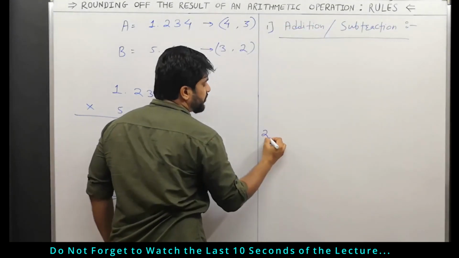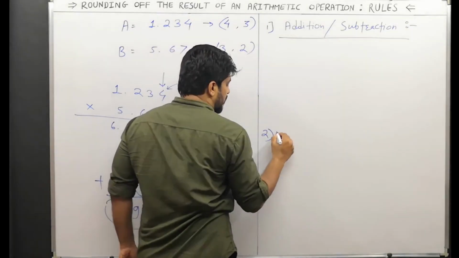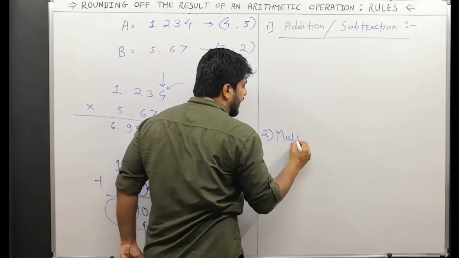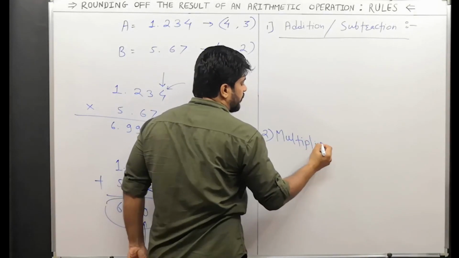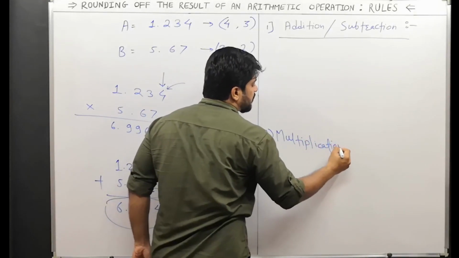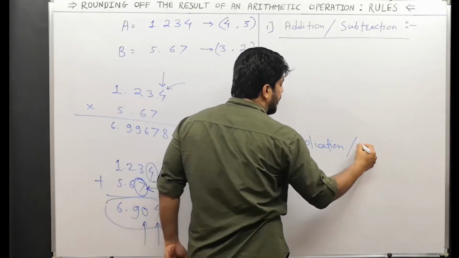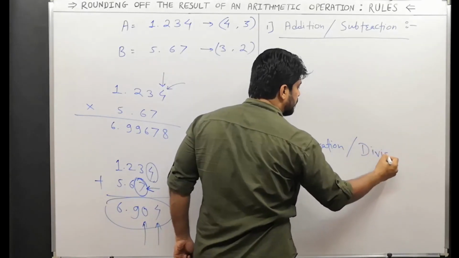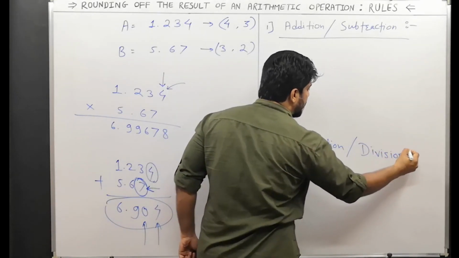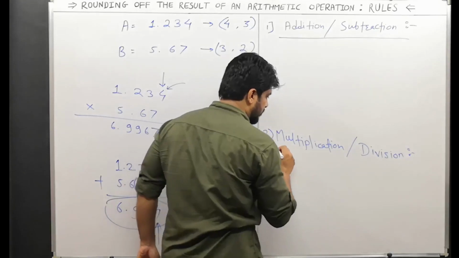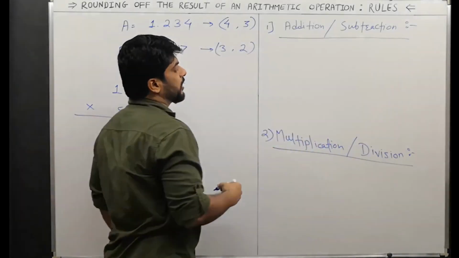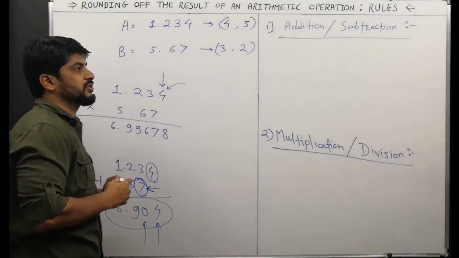And second would be the rule for multiplication and division. You have the same rule for both of these. So first of all, let's start with addition or subtraction.